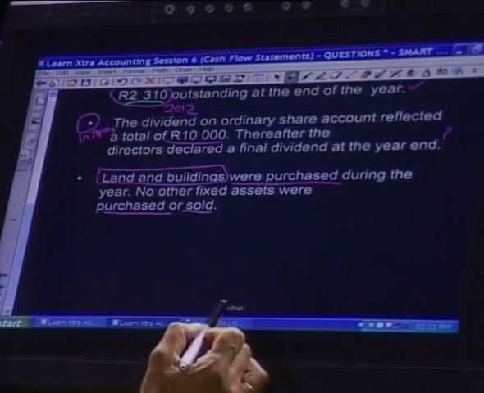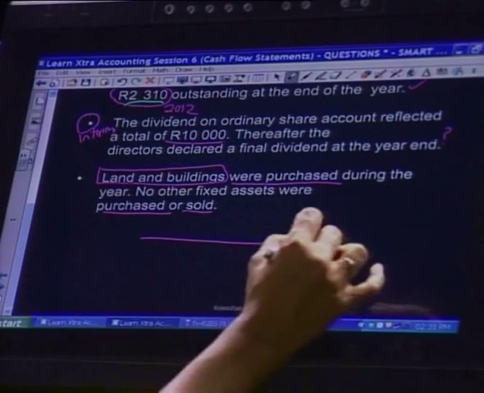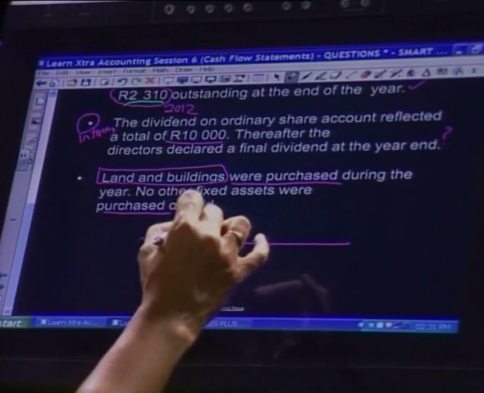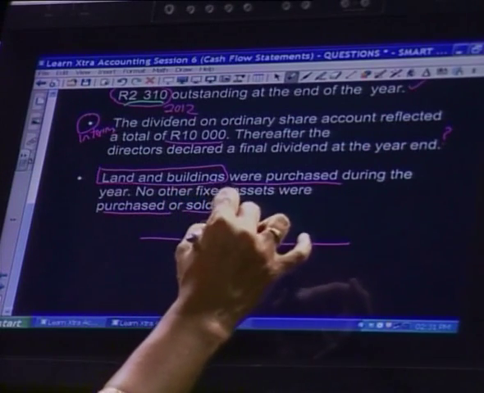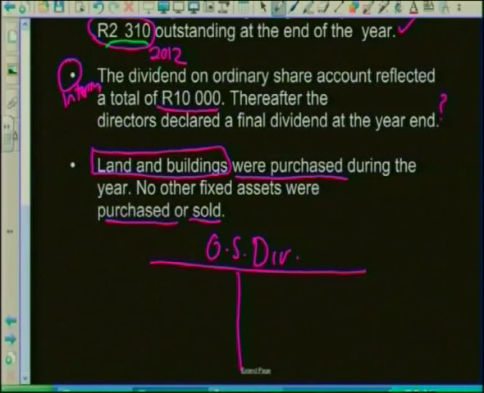Okay, so if we had to construct our ordinary share dividend account, what this information is simply telling us is that we've got this amount of 10,000 Rand that was obviously declared, maybe even paid during the financial year, but at the end of the year, the directors also declared a final dividend, which immediately means that that 10,000 Rand was your interim dividend.